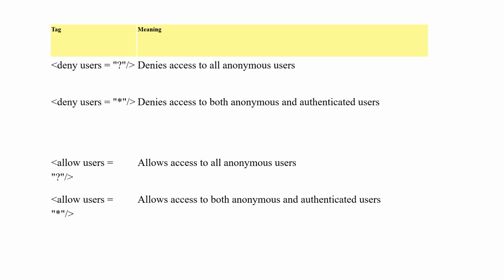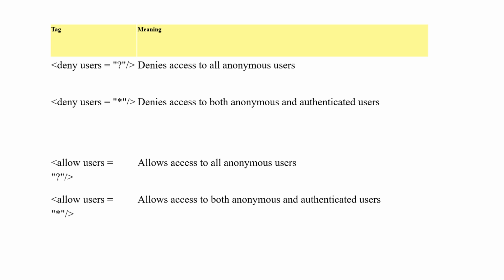It means if we use deny users equal to question mark, then it will deny access to all anonymous users, the users who don't have any user ID and password, the users who are not registered on the website. And if we use the star wildcard, then it denies access to both anonymous and authenticated users. It means all the users, whether registered on the web application or not registered.